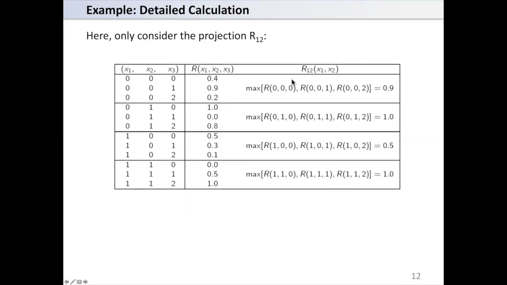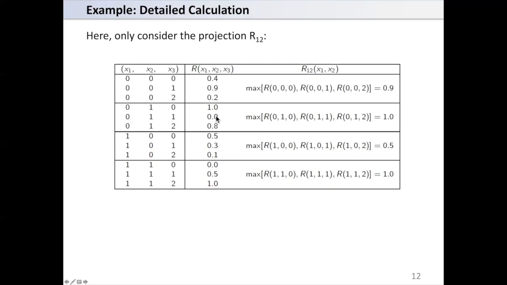And for the point R12, x1 = 0, x2 = 0, for these cases we take the elements relation 0, 0, 0, relation 0, 0, 1, relation 0, 0, 2. These are the values, and we choose the maximum one. So the value is 0.9 for these combinations.